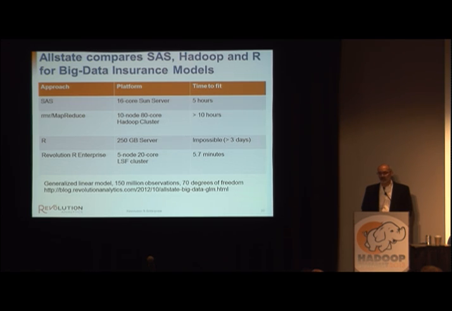So it wasn't quite as fast as SAS, but it was still in a certain number of hours, more than 10 hours. They also said, well, we know R should be able to scale if it just has enough memory, so let's try running this on a server with a very, very large amount of memory. So they ran it on a 250 gigabyte server. It ran, but even after 3 days, it didn't complete. So that just was not a practical solution.